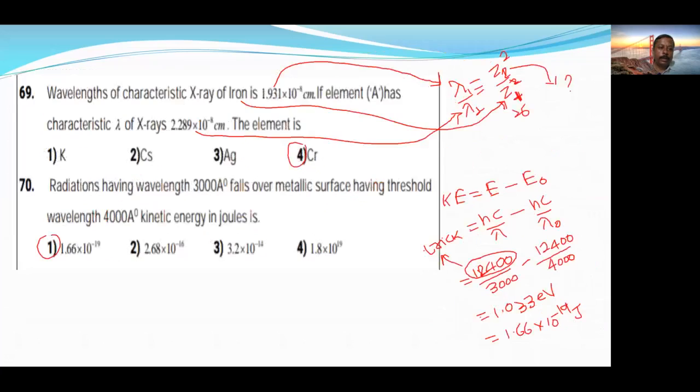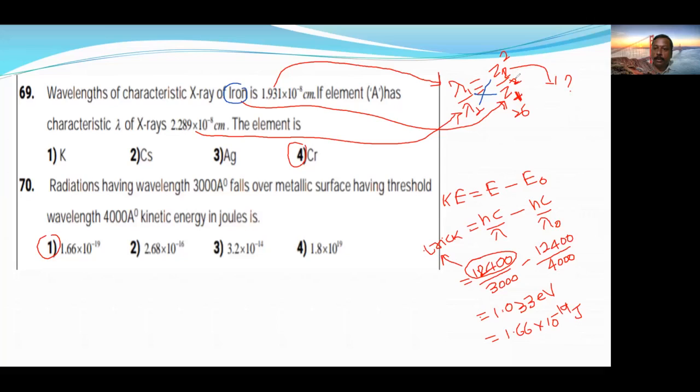Here the wavelength of characteristic X-ray is given, and here we will use the formula lambda 1 by lambda 2 is equal to Z2 square by Z1 square. Here you have to be very careful, Z. Understood? And here it is given as iron.